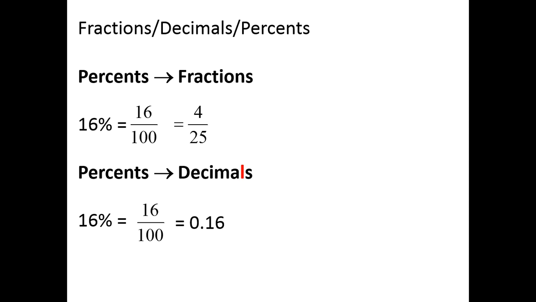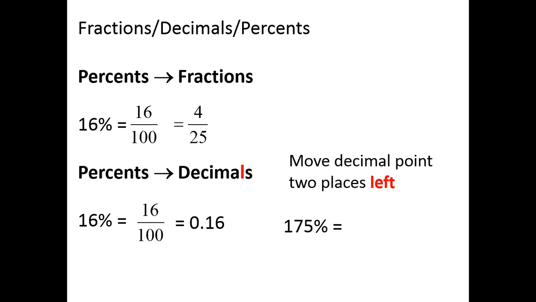Now, one thing to notice here is that when we start with a percent and we want to write it as a decimal, since percent means out of 100, that means we're really taking that 16 and dividing it by 100, which will move the decimal point 2 places to the left. In fact, anytime we change a percent to a decimal, we'll be moving the decimal point 2 places to the left.